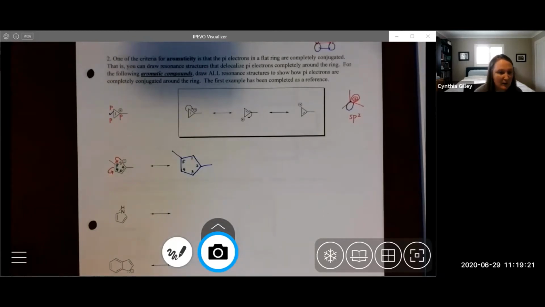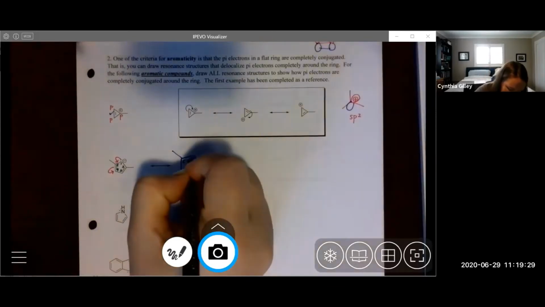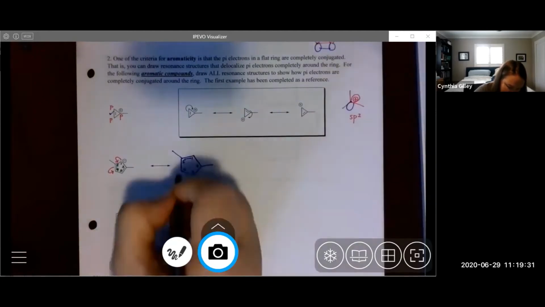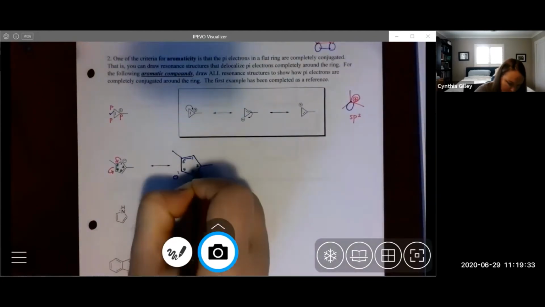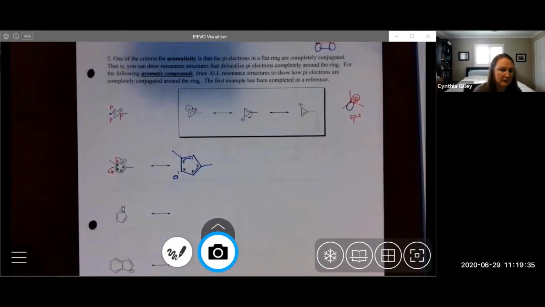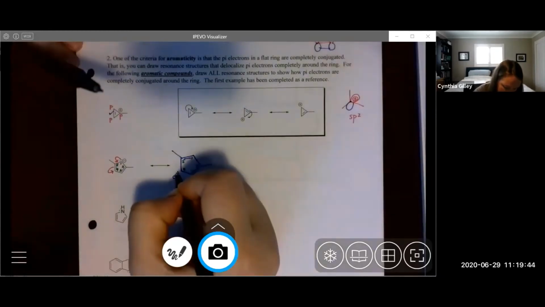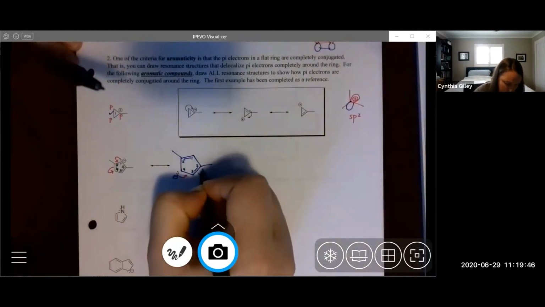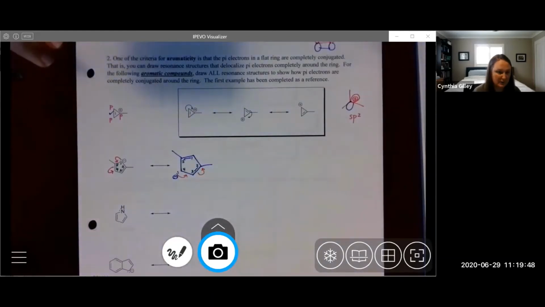Because I'm going counterclockwise, but I counted my numbering clockwise, wonderful. But it doesn't matter. When that happens, there's a pi bond here, a lone pair here, and a pi bond there. And then I just keep going. If I started counterclockwise, it's best to just keep going counterclockwise. Now move that lone pair negative charge to carbon 2.